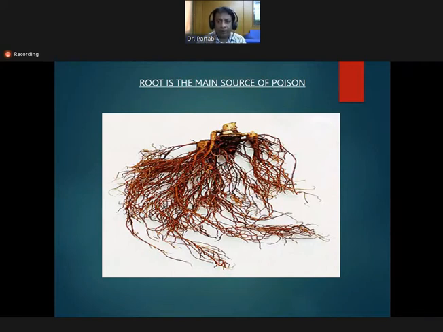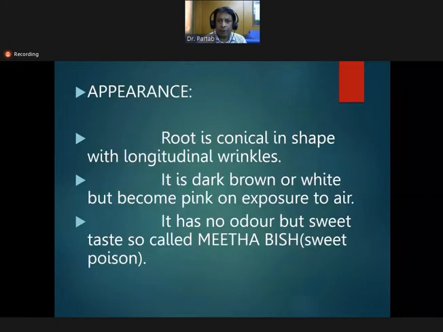This is a picture of aconite root. Appearance: the root is conical in shape. You can see this root in the museum. In our museum at Dow Medical College, you can see the conical roots in a jar.